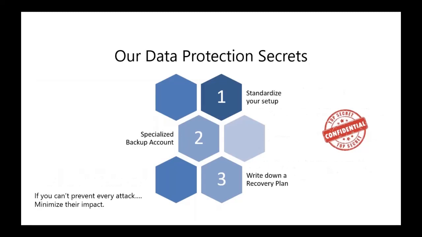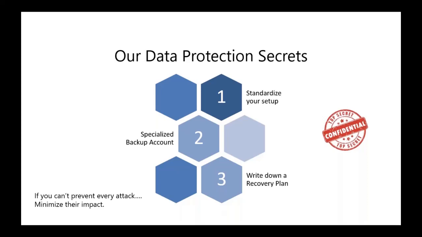I call it our data protection secrets, but it shouldn't be a secret. A lot of this stuff is common sense: standardizing your setups. If you're a partner that has multiple different locations out there, standardize everything, so that if you need to recover, it's something you can spin back up very quickly, get things going, and know your setups that are out there.